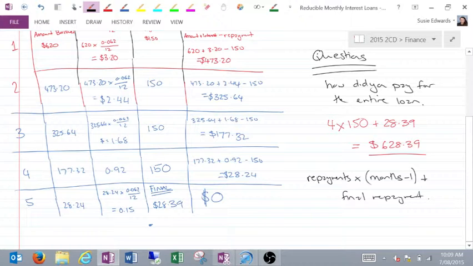You've got 5 months you had this loan for, yeah? We only times the repayments by 4 because for the last one you just pay your final repayment. Okay? So your repayments times your months take 1 plus your final repayment is how you find your entire loan.